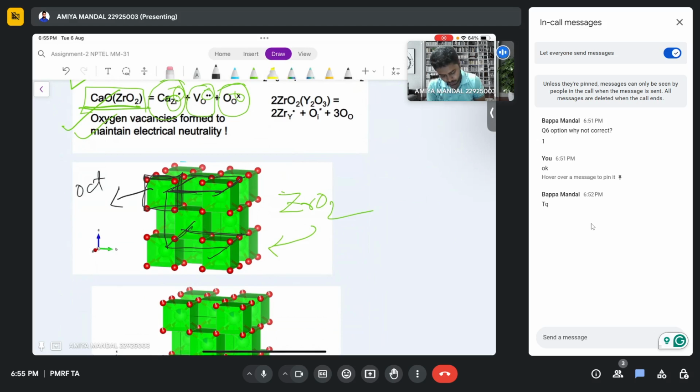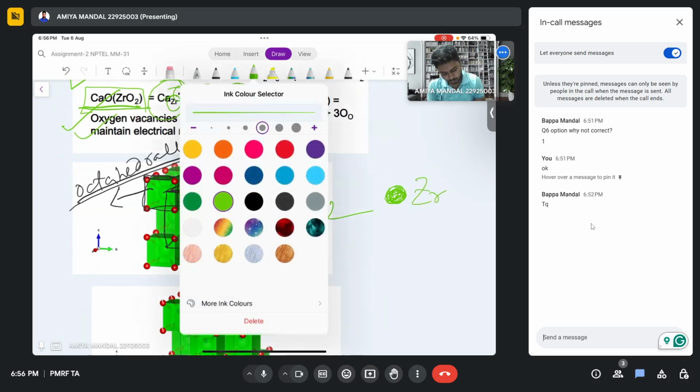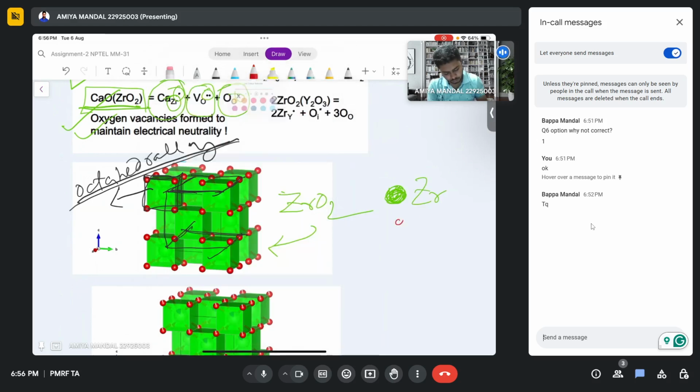Here these are zirconium and these are oxygen.